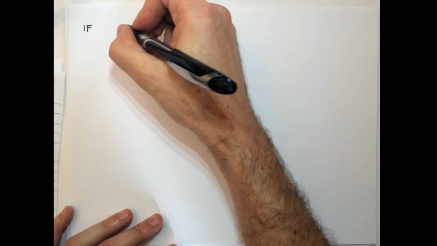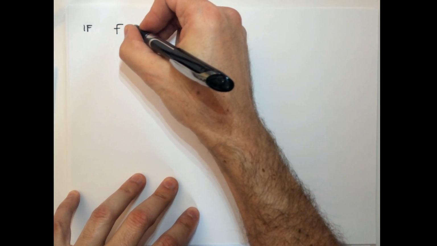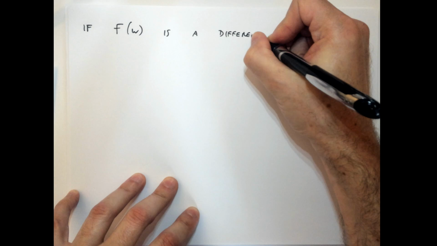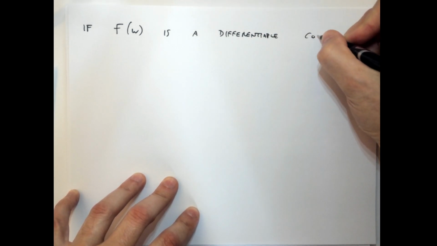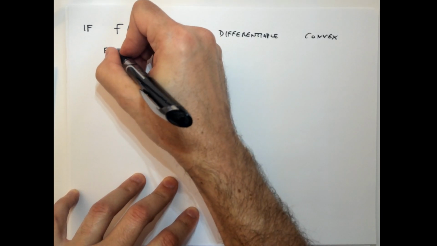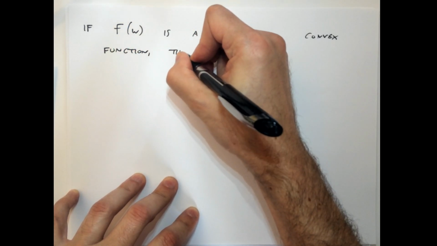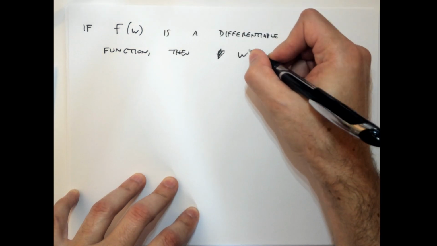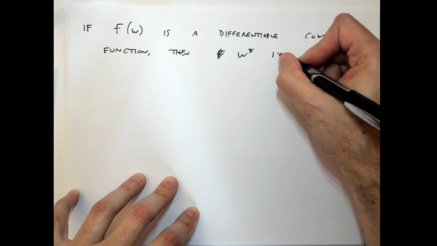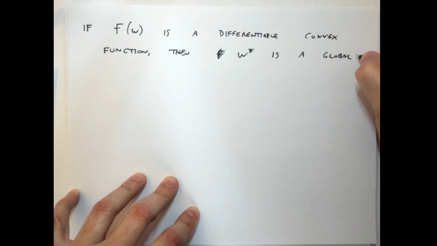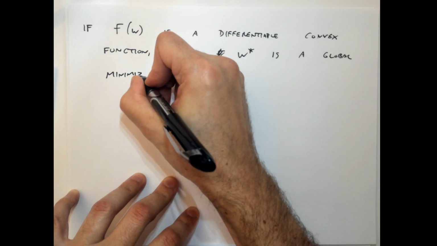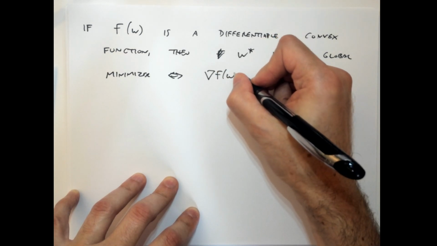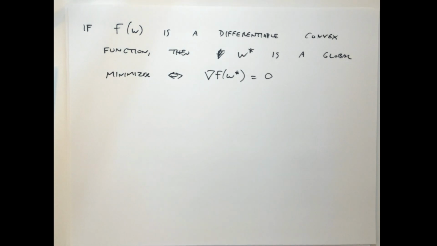So if my f is a differentiable convex function, then the condition for being a global minimizer is the same thing as saying that the gradient is 0 at that point.